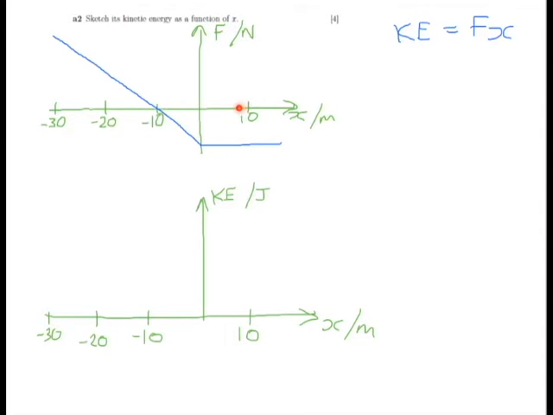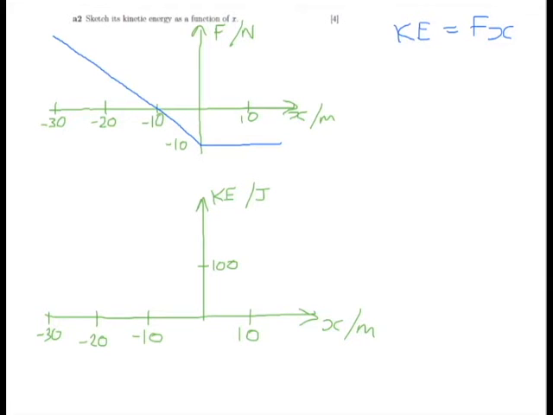So in these first 10 meters, what's happening? Well, the area under this section of the graph is, I'm afraid I haven't labelled this bit properly here, minus 10 here. The area under this section of the graph here is 10 times 10, which is going to give us a kinetic energy of 100 joules.